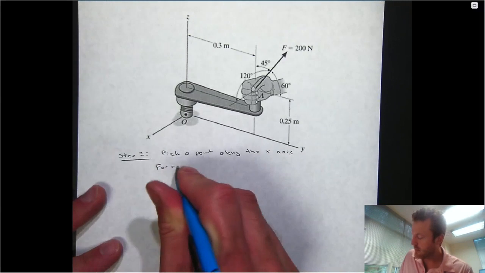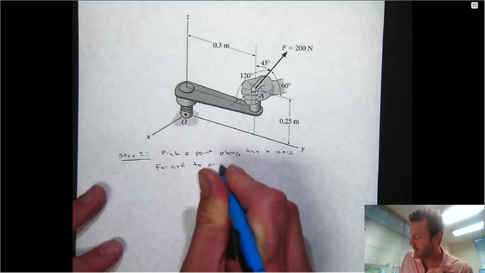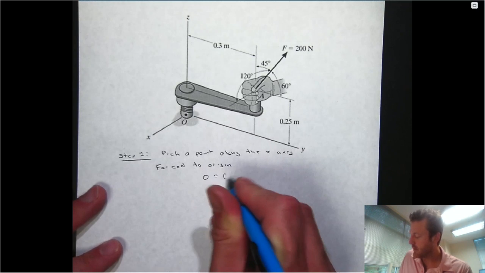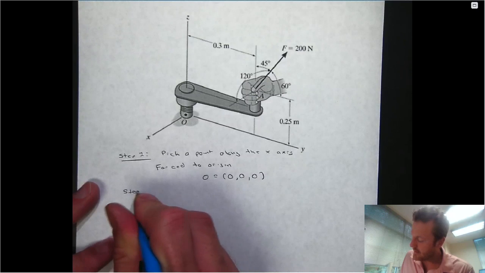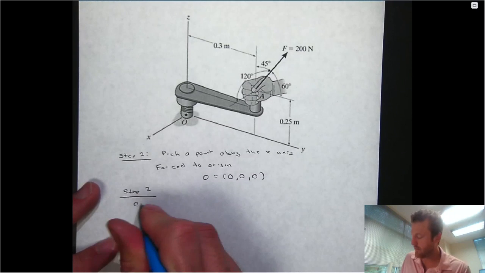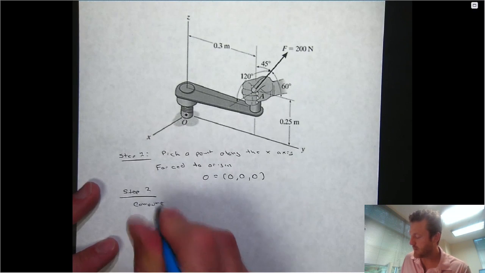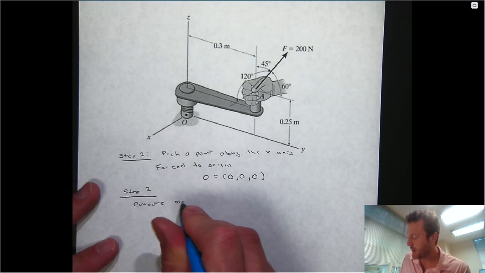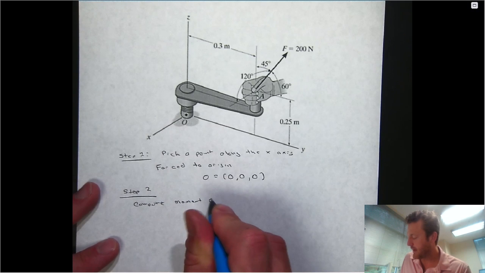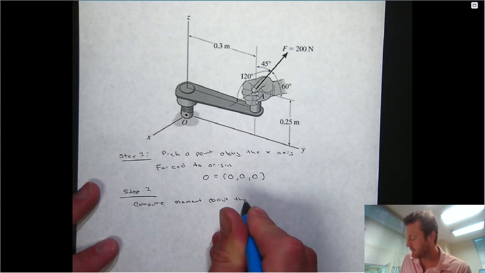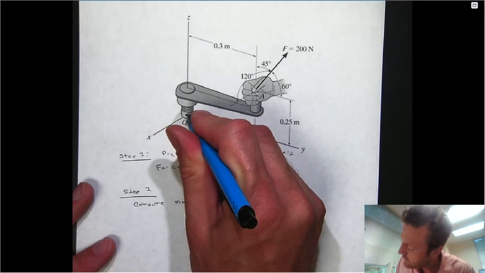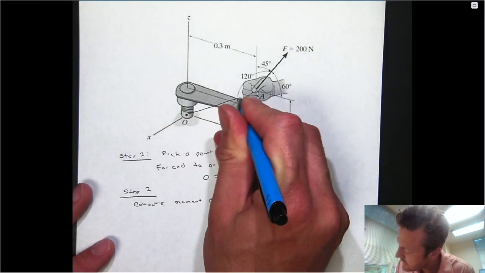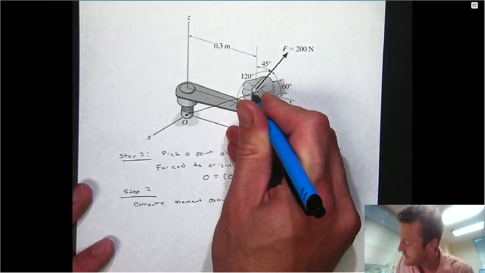So we're forced here to the origin. And of course, the origin point O has coordinates of 0, 0, 0. But fortunately for us, that's going to be a convenient thing to be forced to do, because when we compute the moment about that point, recall that we need to define a position vector from the point of interest to anywhere along the line of action of that force.